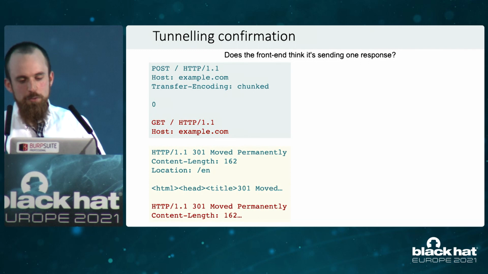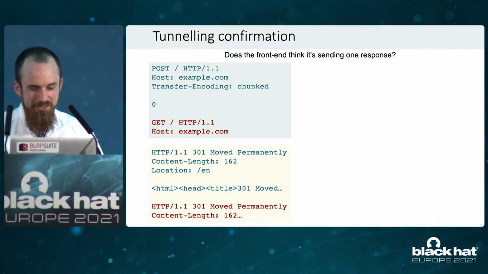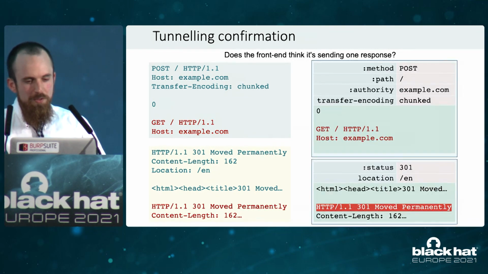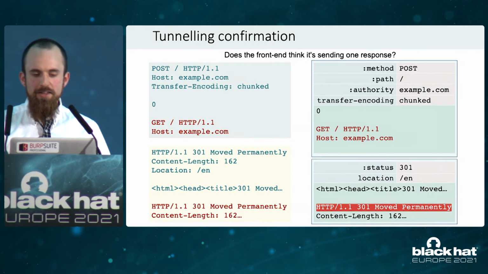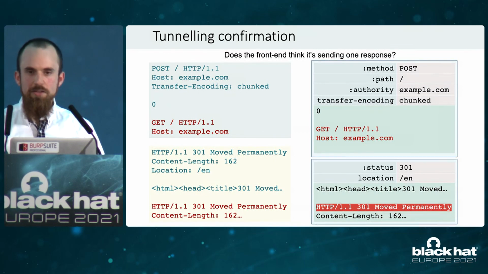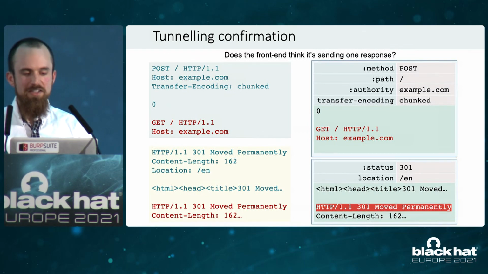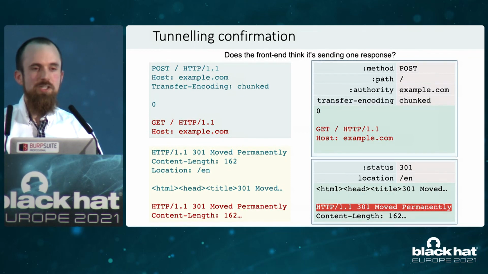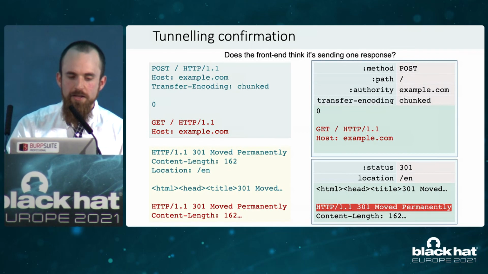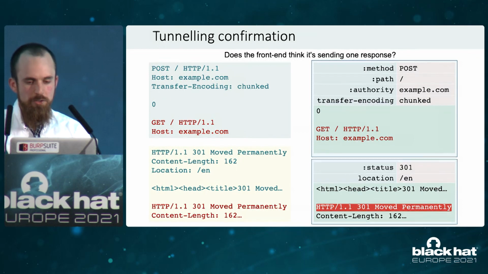It's actually basically a useless piece of information. Fortunately, HTTP2 fixes this. With HTTP2, if you trigger request tunneling and smuggle a whole request, then you'll see HTTP 1.1 headers nested inside the body of the HTTP2 response, clearly proving that they are vulnerable to request tunneling.